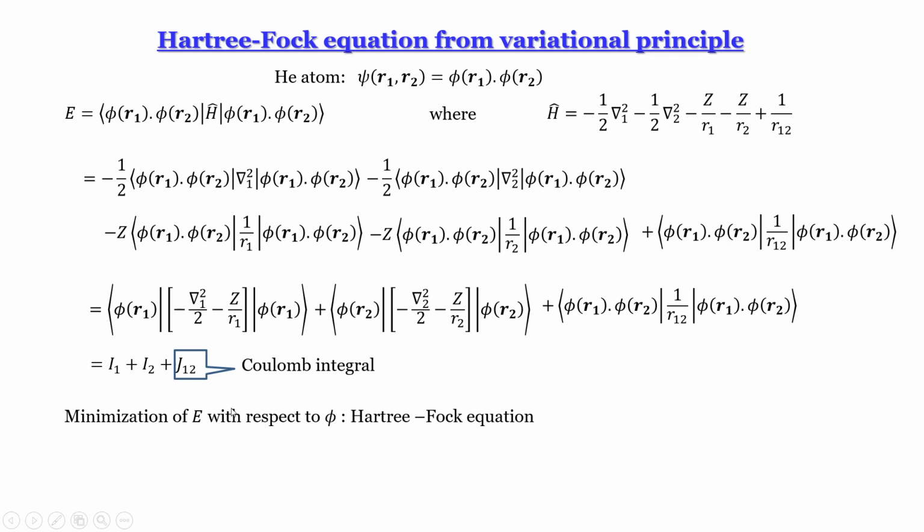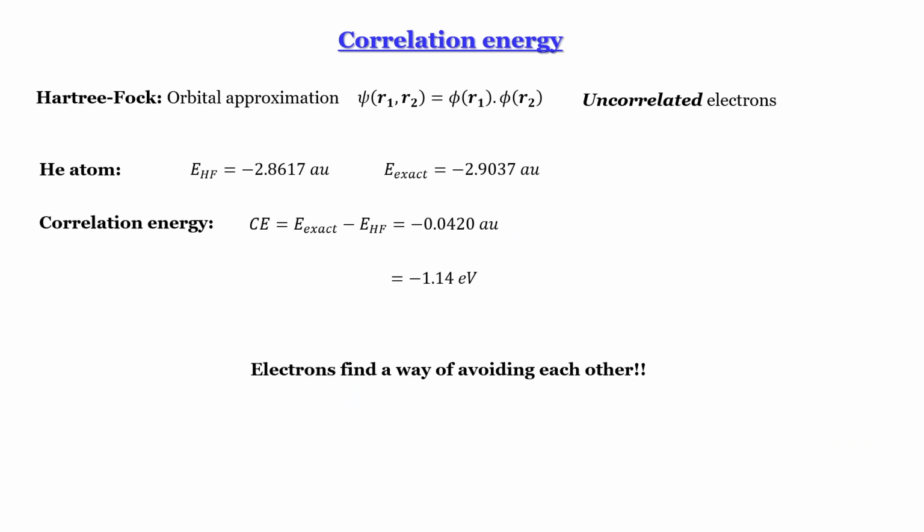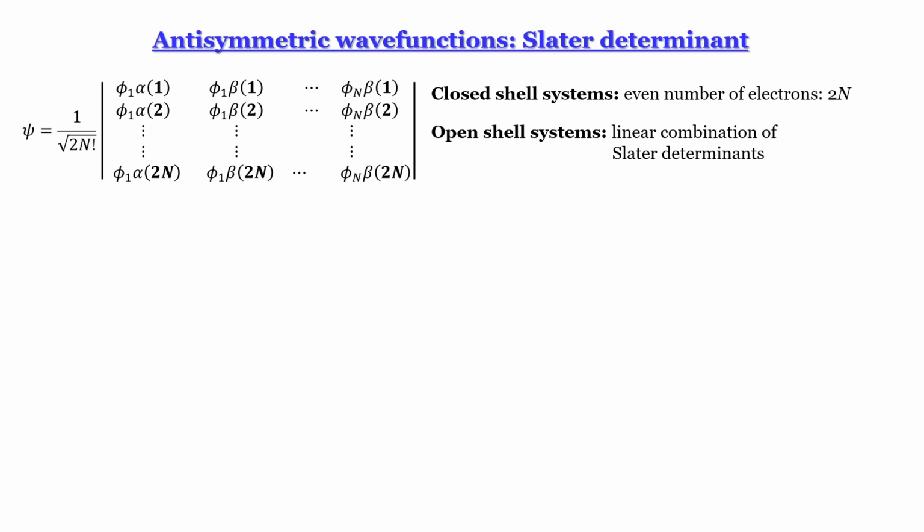Now minimization of this energy with respect to phi will be done, and that's all. That is what we have discussed, and here also the spin part has been brought.